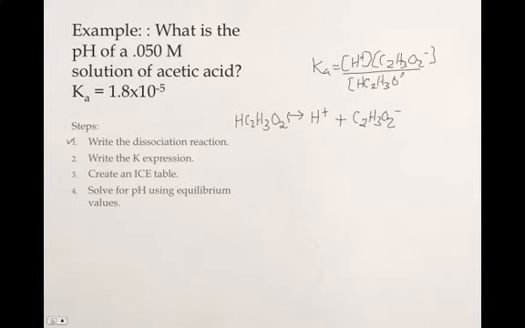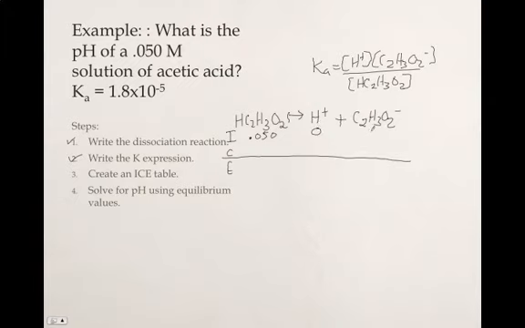Now we create an ICE table, and we're going to use the reaction from step one to do that. Okay, so our initial concentration of our acetic acid is given to us as 0.050 molar. Because we are not given the H plus or the acetate ion, we're assuming that those are 0.